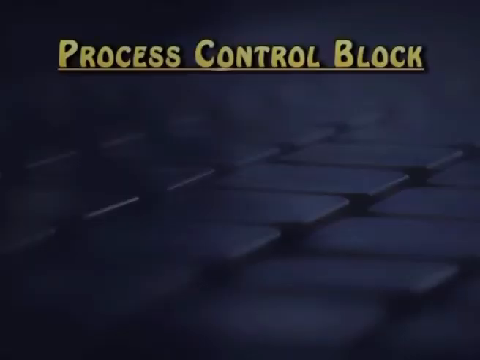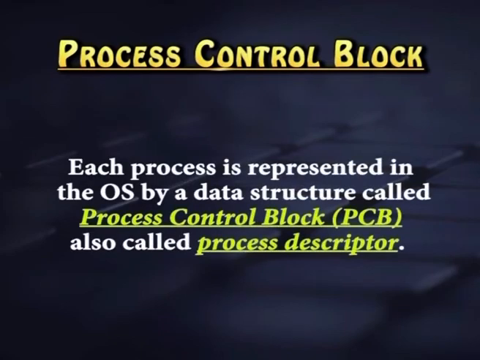All this information related to some process is stored in the process control block, as discussed below. Process control block. Each process is represented in the operating system by a data structure called process control block or PCB, also called process descriptor.